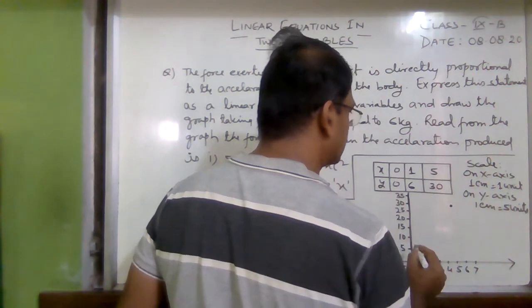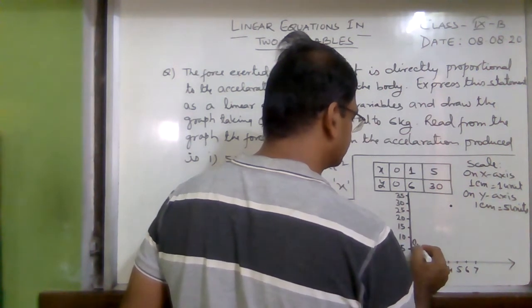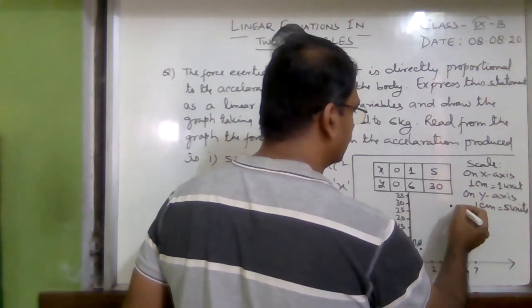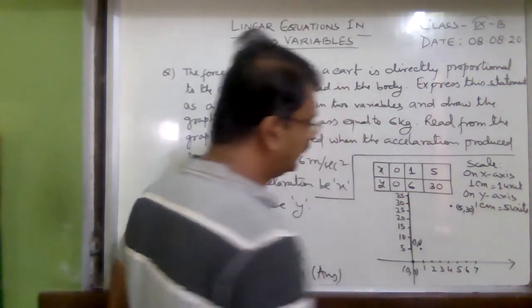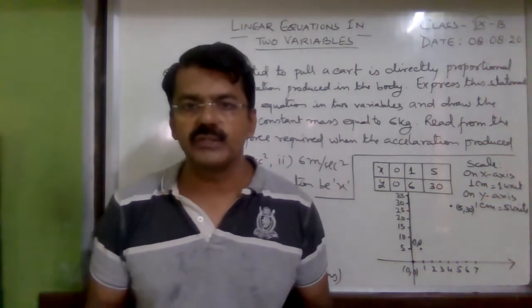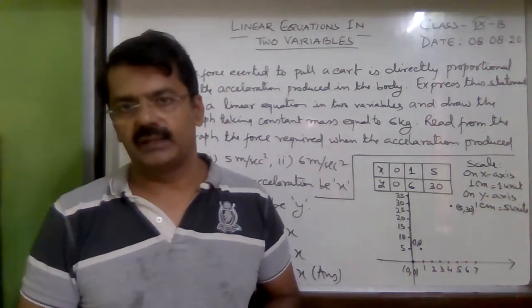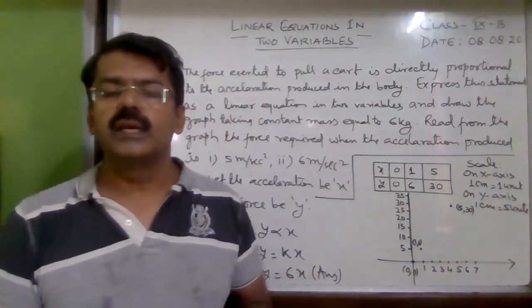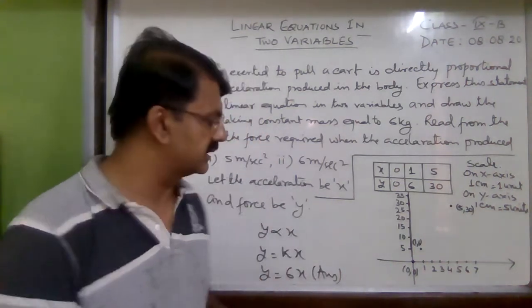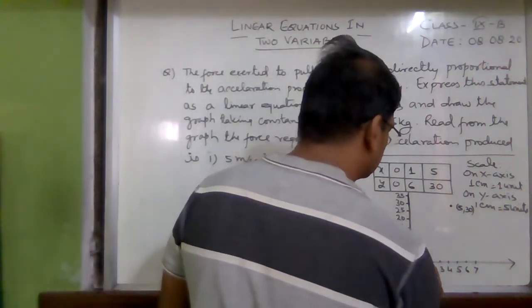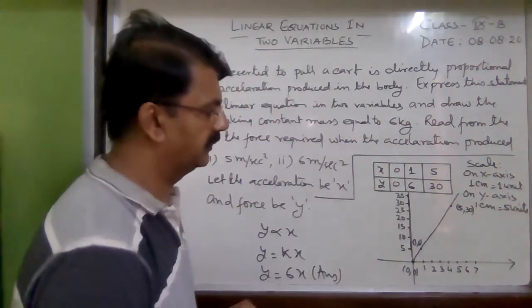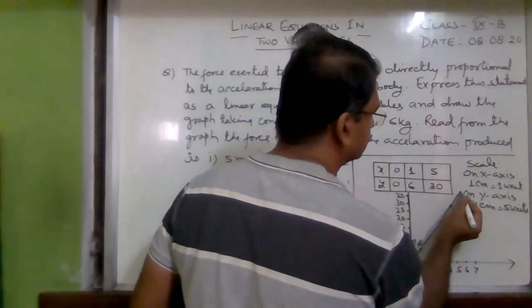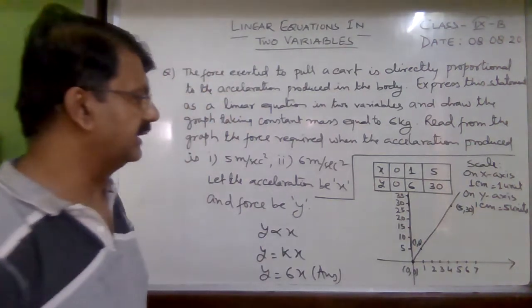This is (1, 6) and this is (5, 30). Now when you join these points, you will get a straight line because it is a linear equation. So that is the graph.